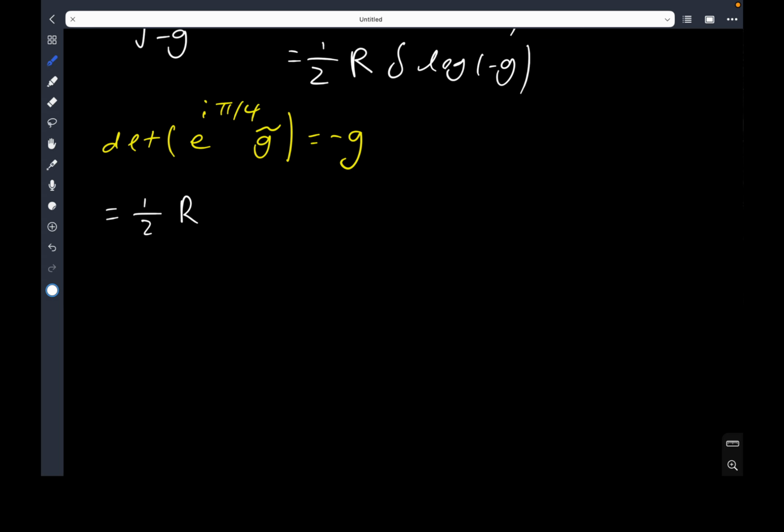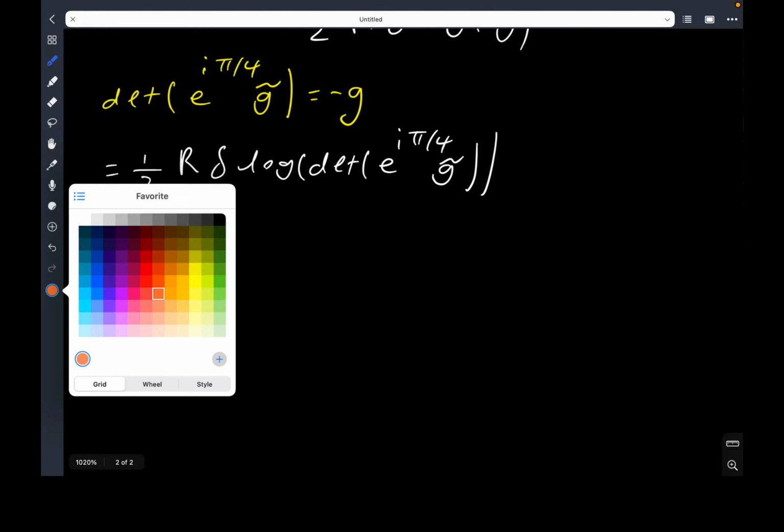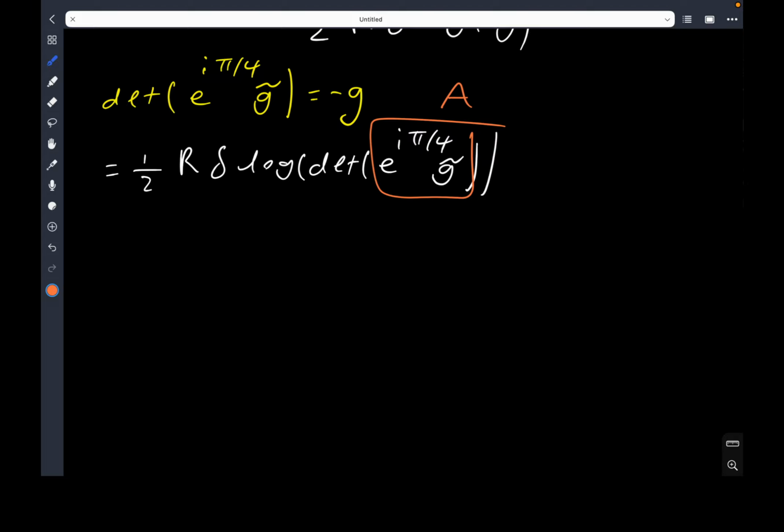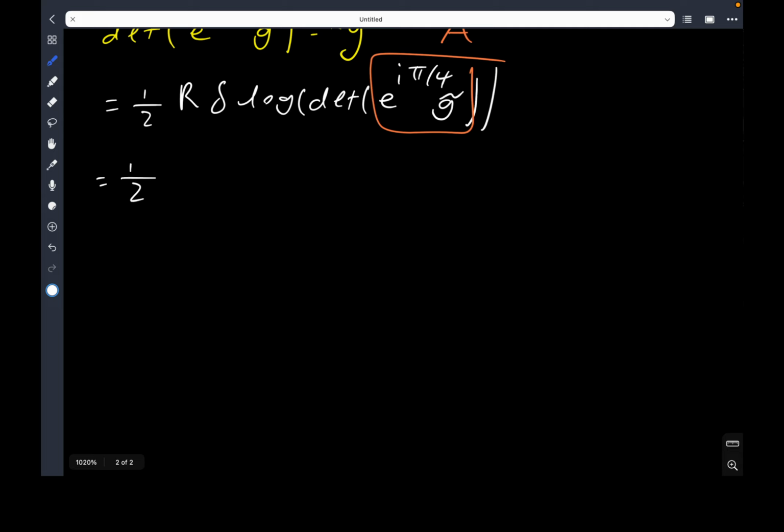Half R delta log of determinant of e to the i pi over 4 g hat. So I'm going to call this thing here A hat, and the thing here is going to become half R delta log of determinant of A hat.